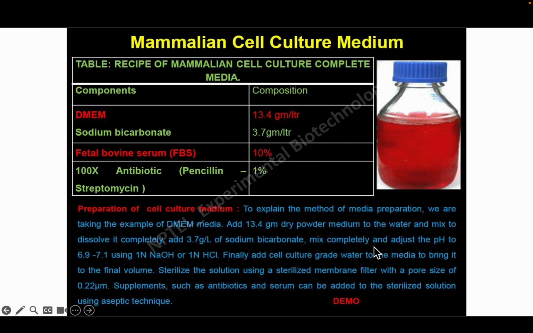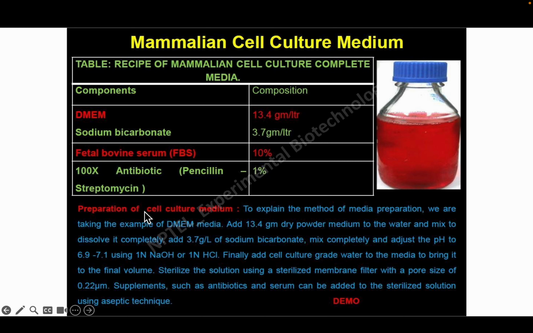Add sodium bicarbonate, mix completely and adjust the pH to 6.9 to 7.1 using 1 normal NaOH or 1 normal HCl. Finally, add cell culture grade water to the media to bring it to the final volume. Sterilize the solution using a sterile membrane filter with a pore size of 0.22 micron. Supplements such as antibiotic and serum can be added to the sterilized solution using aseptic technique.